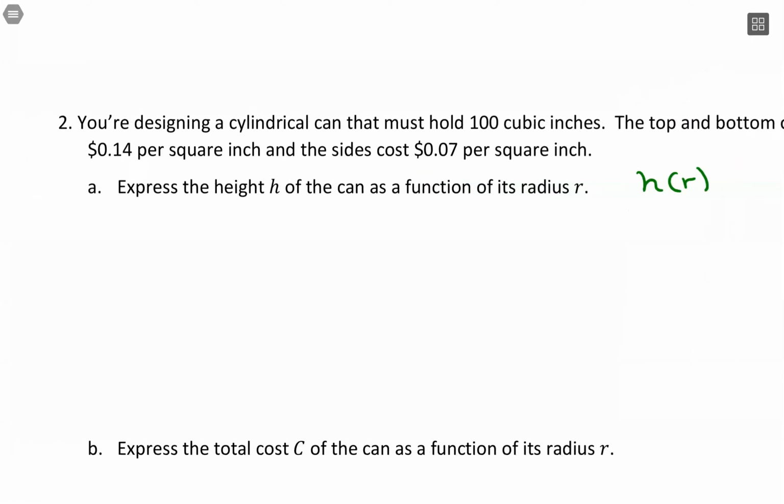So we know that 100 is equal to pi r squared h. And to get our function, what we want to do is solve for h. So I'm going to divide both sides by pi r squared.